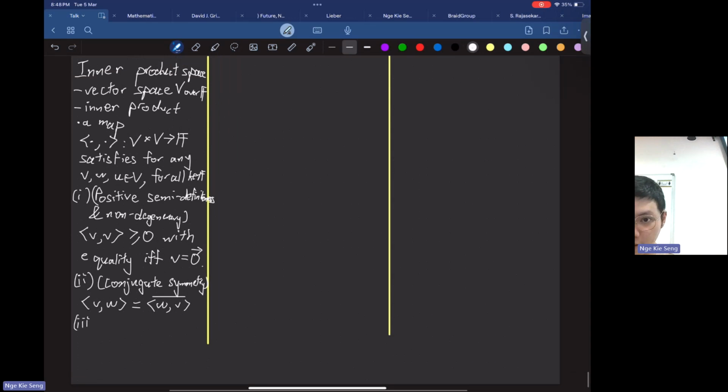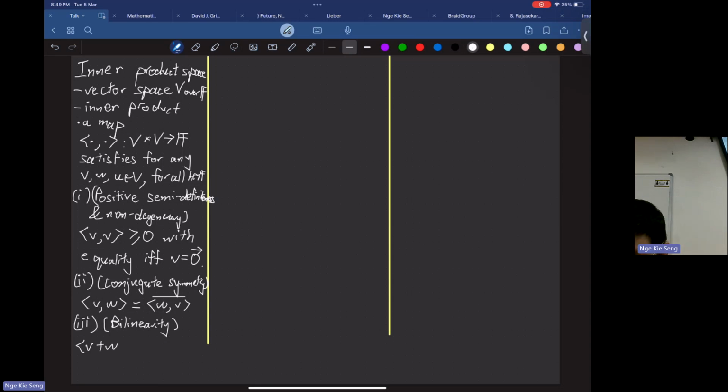And then third, there's bilinearity here. So we want this map to be linear, but there are two spots here. What should we do? We can use: v plus w, inner product with u, equals v inner product with u plus w inner product with u.